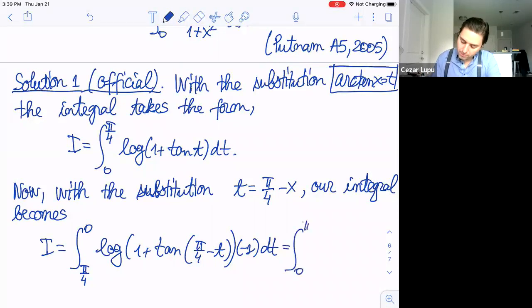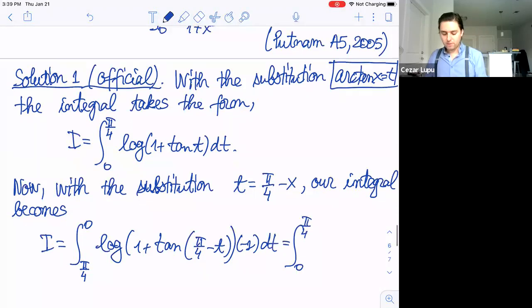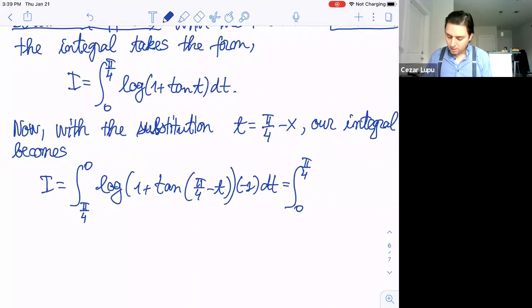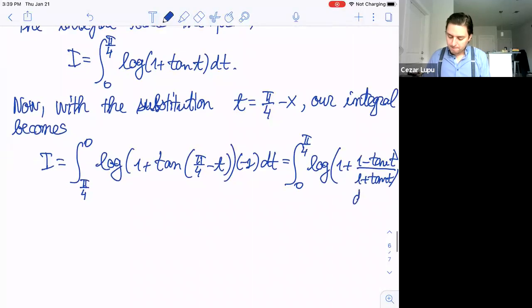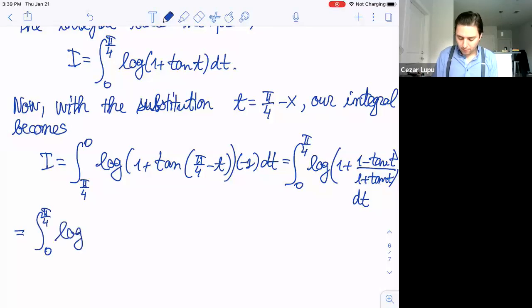And if we put everything together, this would be the integral from 0 to pi over 4 of log of, and now let's be careful here, 1 plus (1 minus tangent of t) over (1 plus tangent of t) dt, which is the integral from 0 to pi over 4 of log of 2 over 1 plus tangent of t dt.